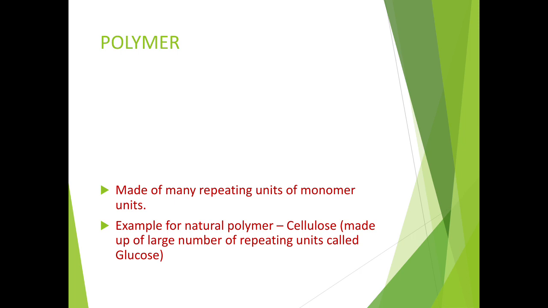Cellulose is obtained from plants, and the cellulose is a polymer that is obtained by joining the repeating units of molecules or monomers known as glucose. So in cellulose, the monomer is glucose, and the glucose repeatedly joins together to form long chain of molecule, and that polymer is known as cellulose.